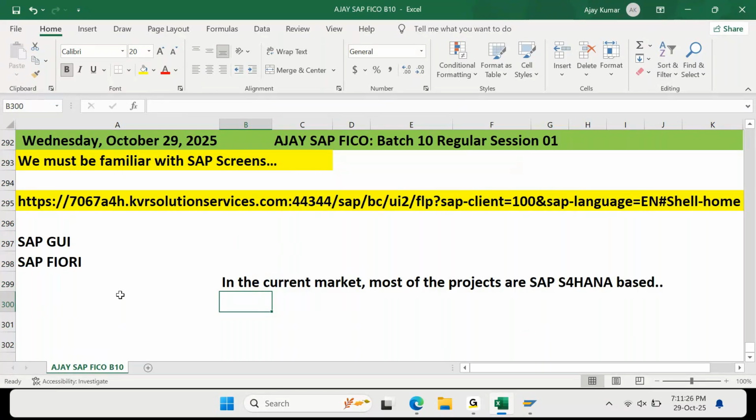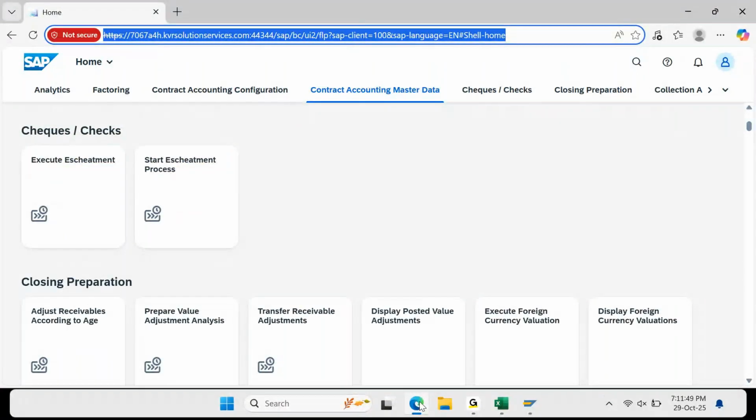Most of the projects in the current market are related to SAP S/4HANA. Now, when you're talking about SAP S/4HANA, it is mandatory for us to be familiar with SAP Fiori. Now, this is your SAP Fiori. Clear?